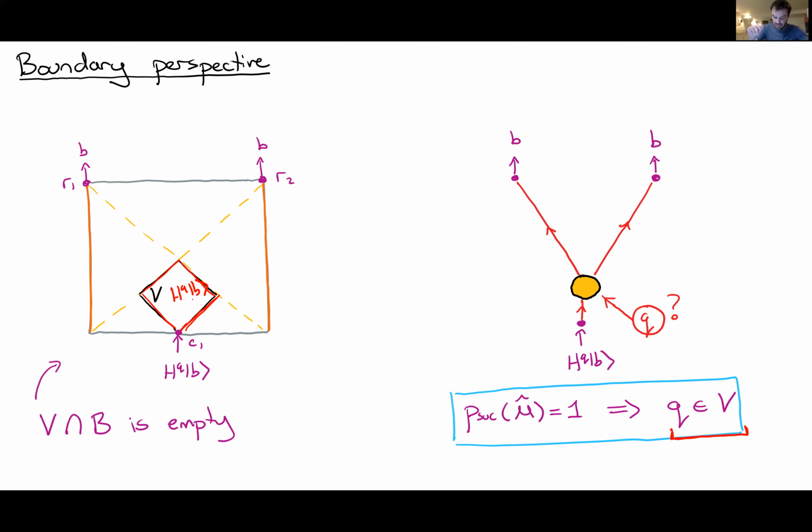And you're going to need to find out the basis information to learn B while you're still inside of V so that you can send it out. Okay. Because if you learn it too late, if you learn B up here, then you can't get it to R1 and R2, or if you learn it over here, then you can't get it to R1 and so on. Okay. So if the probability is 1, then Q is in V.